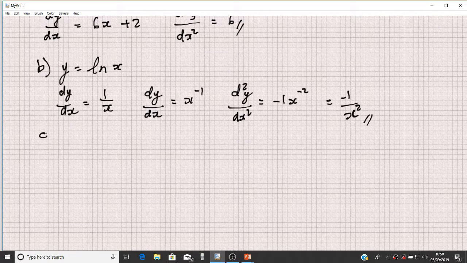The last example we were looking at was c. We were given y equals e to the power of 3x. Again, this is a function that's in our formula book.